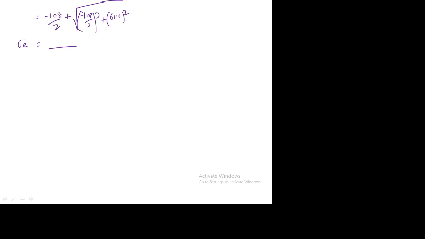60.5, right? Or more. Okay, so now let us calculate FOS here. Sigma y is 328.6 and sigma e is 60.5.